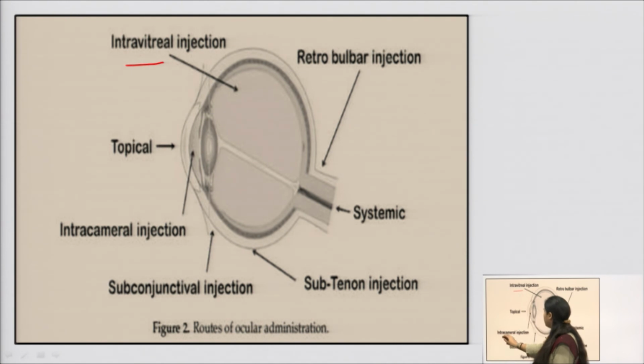IVI injection and intracameral injection: IVI is here in the chamber, whereas intracameral is in the anterior part of the eye. Subconjunctival injection goes through the conjunctiva to the sclera, and subtenon injection is also there, and retrobulbar. So, these are the variety of injections we have as an alternate therapy for the conventional ocular drug delivery system.